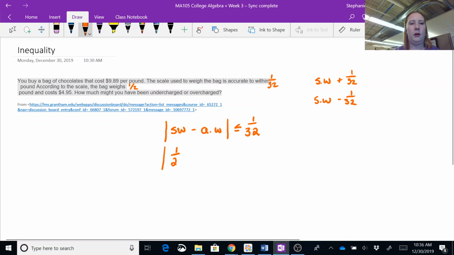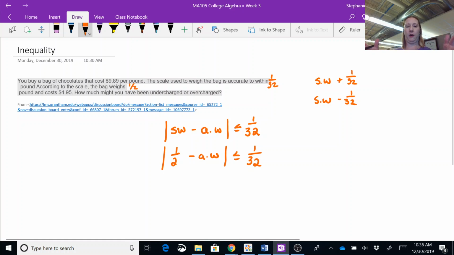And how much might you have been undercharged or overcharged? We don't actually know what the actual weight is. We know the scale weight was half a pound, and that difference needs to be within 1/32 of a pound. So now we're solving this absolute value inequality.